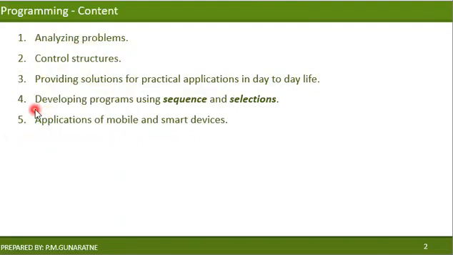Then the fourth one, developing programs using sequence and selection. These two are examples of control structures. There is another called repetition, which will not be discussed in this lesson, but in grade 9, right? And then the last one, the application of mobile and smart devices developed using these programming languages.